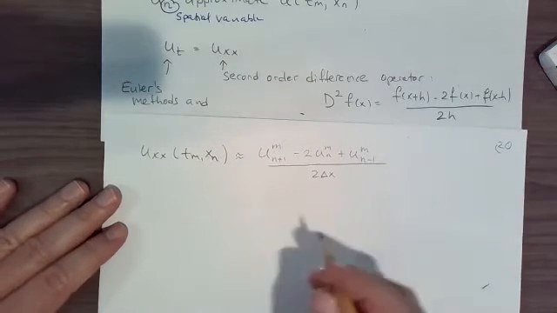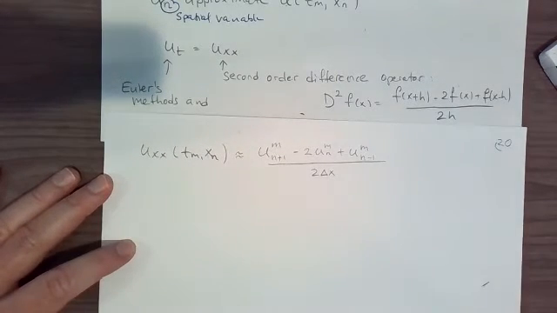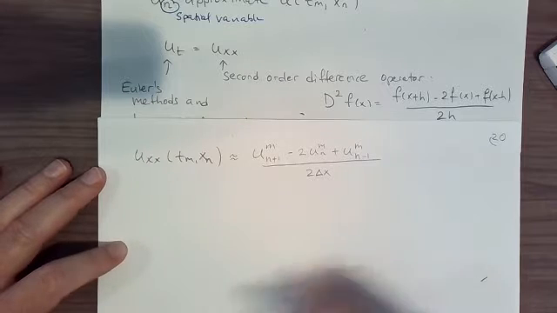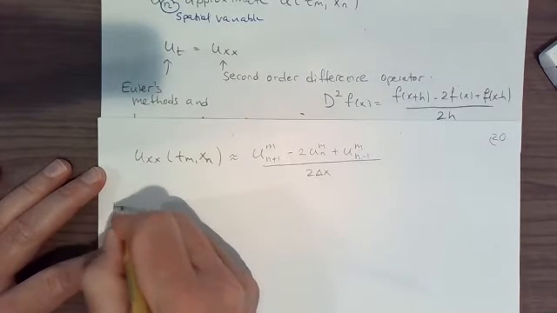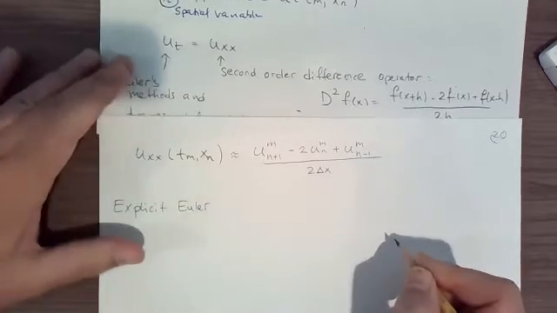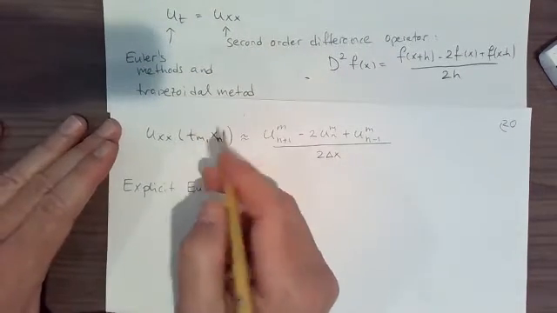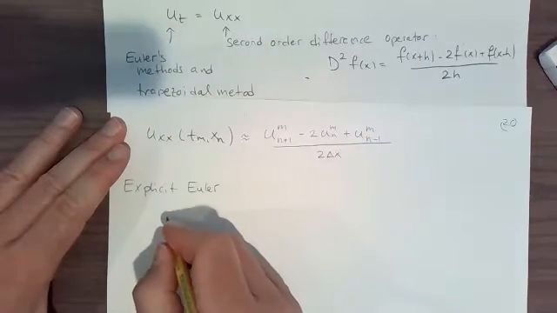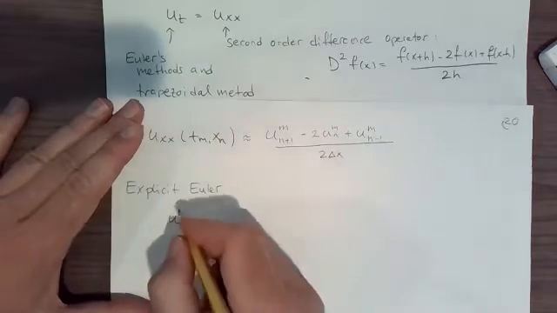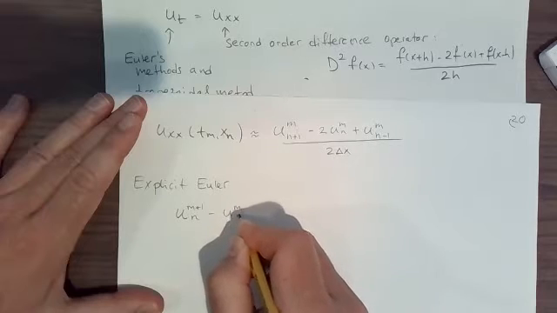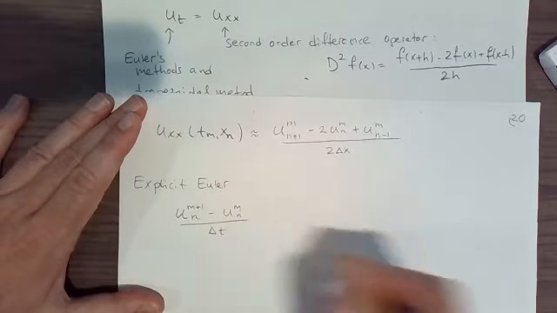If we use the explicit Euler, then u_t will be the time derivative: u at m plus 1 minus u at m, divided by delta t.